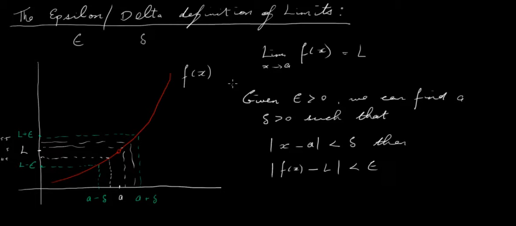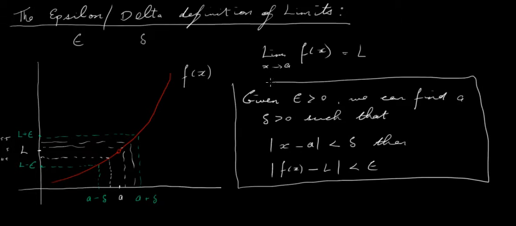So this is the formal definition of limits. Whatever value epsilon you give me, I can always find some delta, a certain distance from A, and within that distance I can find an x value that will bring me closer to the limit than your epsilon value.